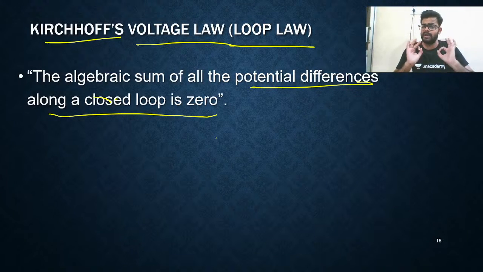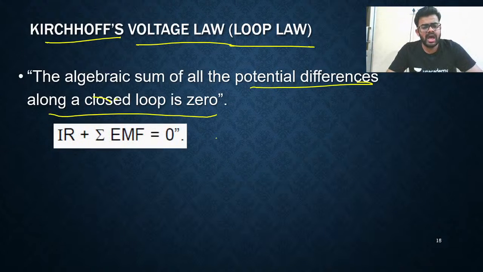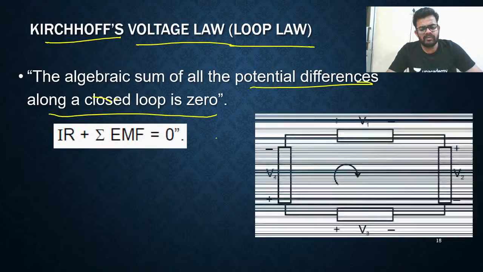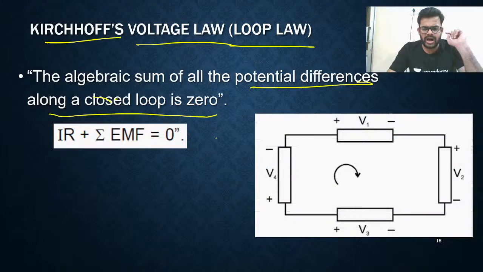I'll explain it properly, you will understand today. Voltage can be given by V equals IR. So IR also represents a voltage, meaning the voltage drop across a resistance is current into resistance.